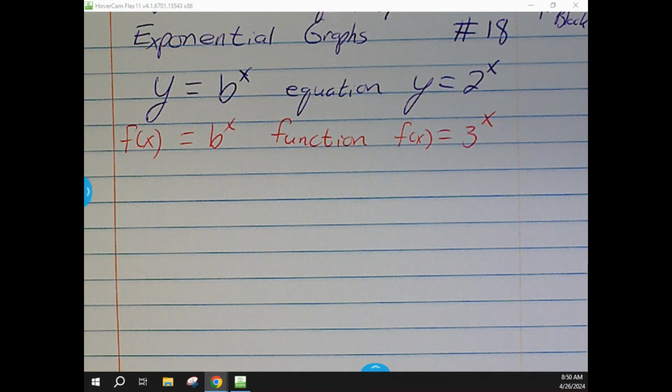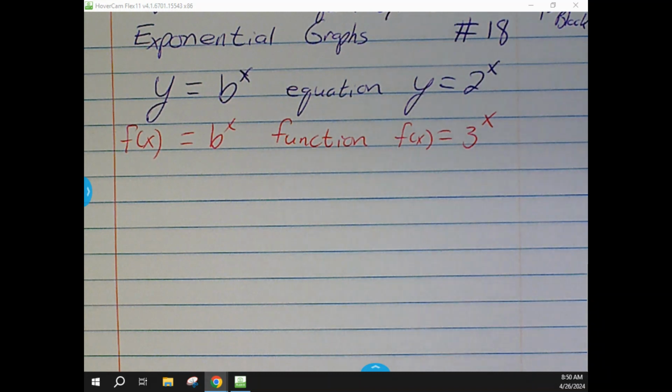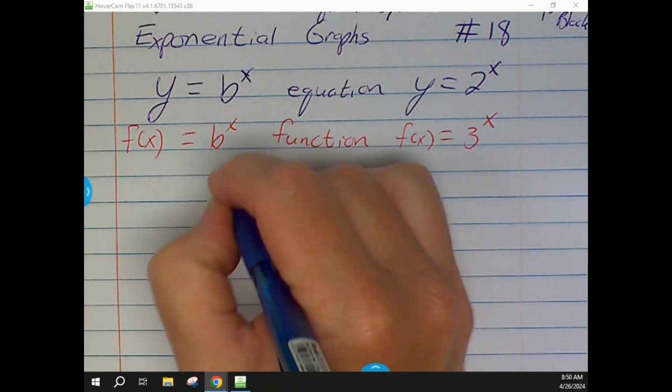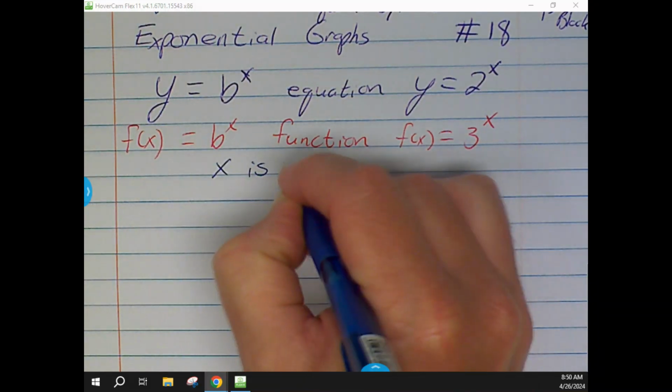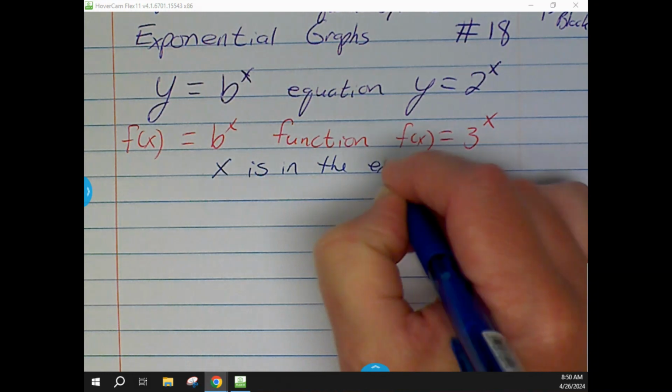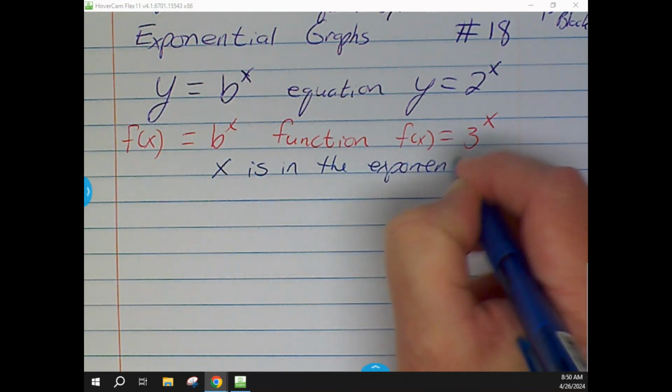Some of the very beginning problems are going to make sure everybody's okay plugging in values into exponential functions or exponential equations, and again, how they're noted. But the big difference is that x is now in the exponent.